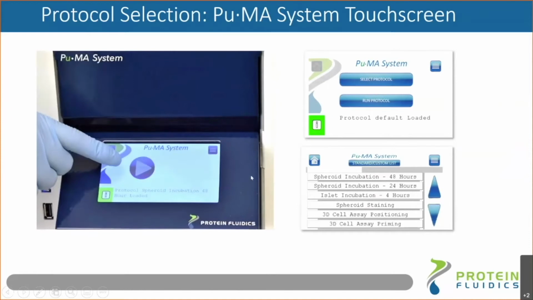There's an offline program that you can then use to set up and modify or customize these different protocols. And you can see the USB port here, which is made to load protocols onto the system. So if you want to run a 72-hour protocol, you can modify this, add additional time, load the protocol onto your system in the incubator, and off you are, ready to run.